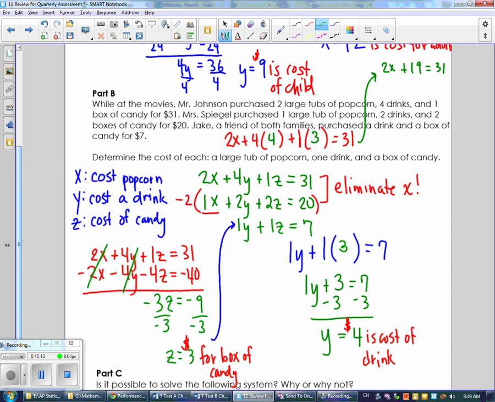If I subtract 19 from both sides, I get that 2x is equal to 12. And so if I divide both sides by 2, I get that x is equal to 6. And that's going to be $6 for a box or a tub of popcorn.